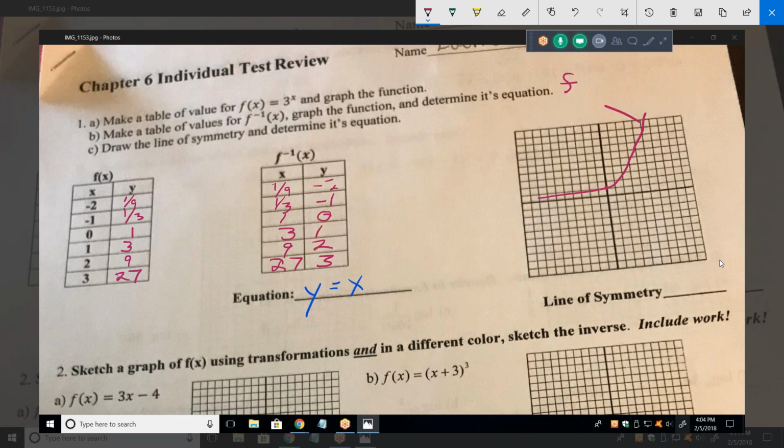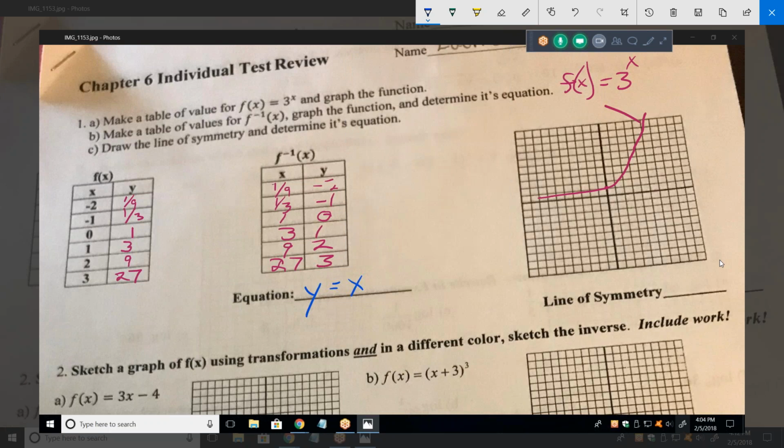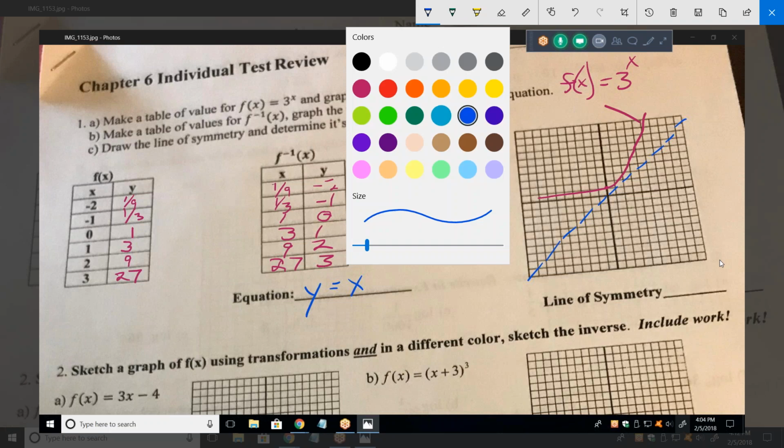That's f of x equals 3 to the x power. Okay? And we don't know what its inverse is yet. We never figured it out, and we don't need to. They never asked us what the inverse function was. So all they said was graph it. Well, I can graph the mirror image of that red graph pretty easy.